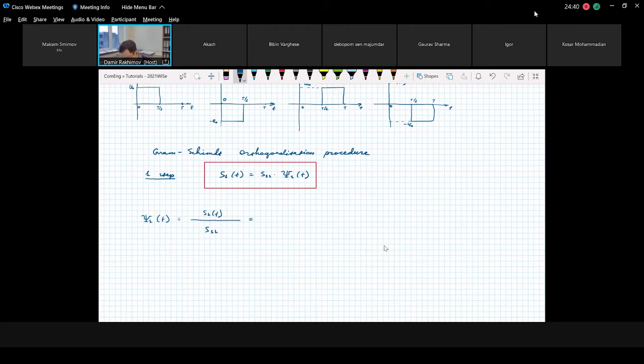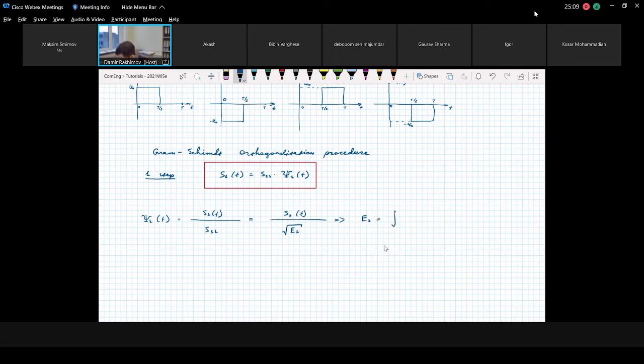and normalize by the scalar S11. And this scalar S11 we can represent via the energy of signal S1. So simply speaking, if we calculate the square root of the energy, then we get this scalar S11. So we just need to calculate the energy to find the scalar S11.